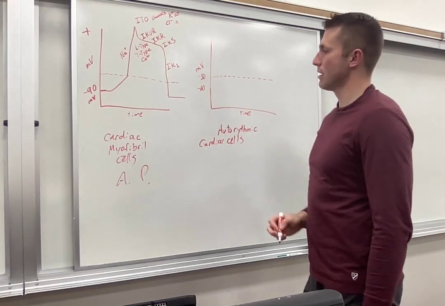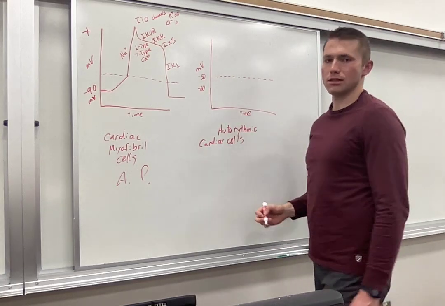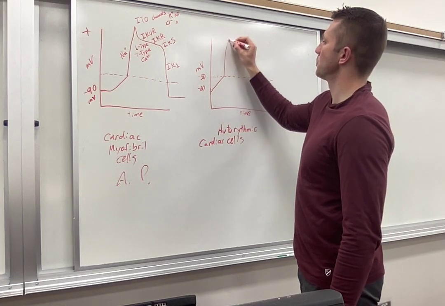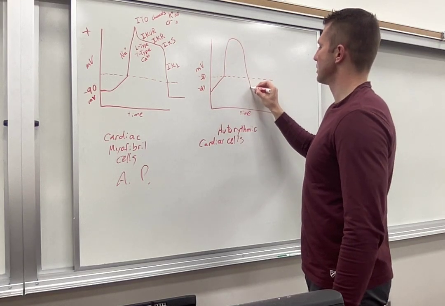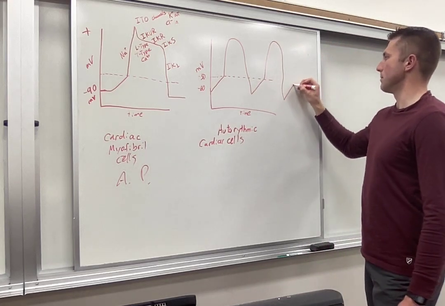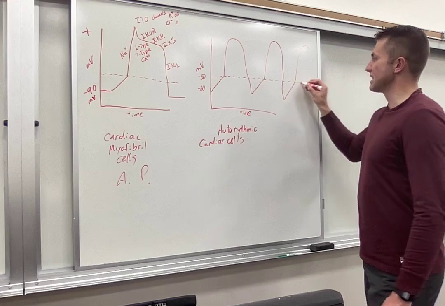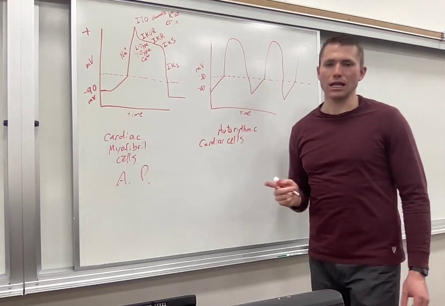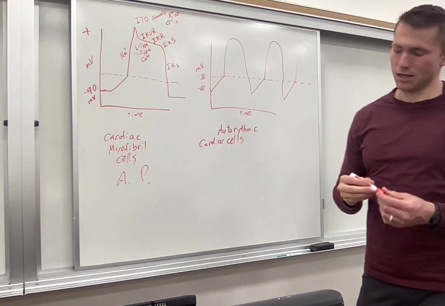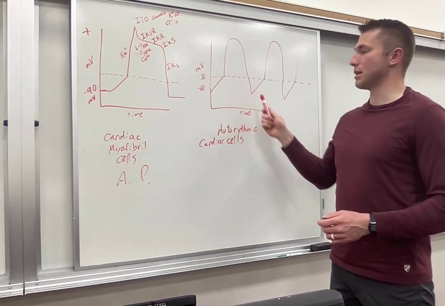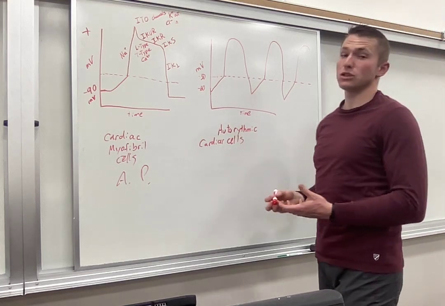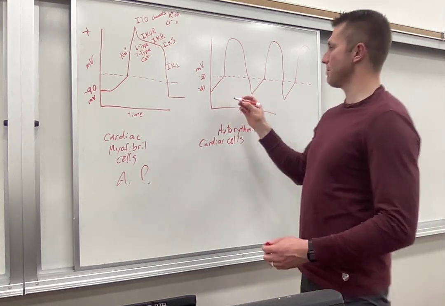The second our heart forms in the womb, we just bam. We're just doing this. Bam. You know what's crazy is that this doesn't change. Unless you're dead or sick, but this has been going on since our heart was formed. That's pretty incredible.